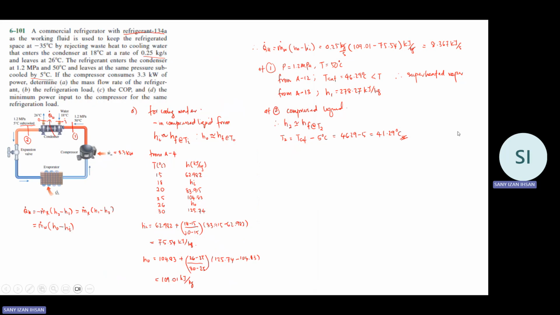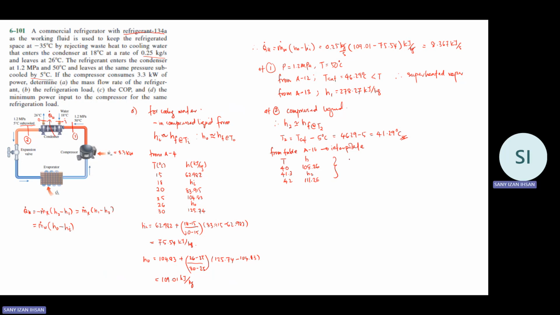So interpolate from table A11: T is 40 and ours is 41.29, or 41.3 to simplify, and H is 108.26, and the other one, if you refer to the table, is 111.26.